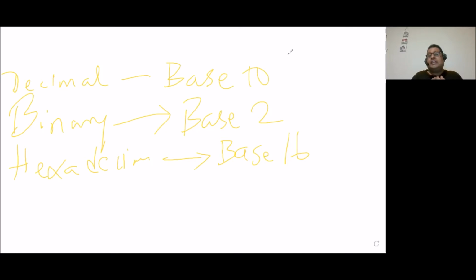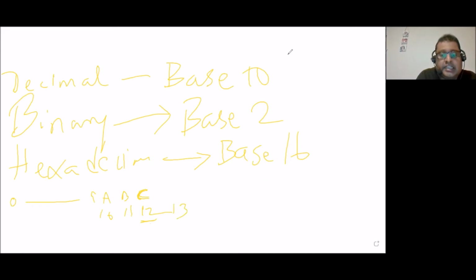In the hexadecimal system, you have 16 different ways of representing the first 16, and then comes the reuse of the existing numbers. So you start from 0 through to 9, then A, B, C, D. In the decimal system this A would have been a 10, B would have been 11, C would have been a 12. The same 12 in decimal is represented by the letter C in hexadecimal.